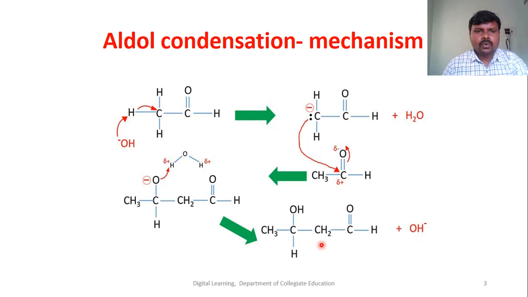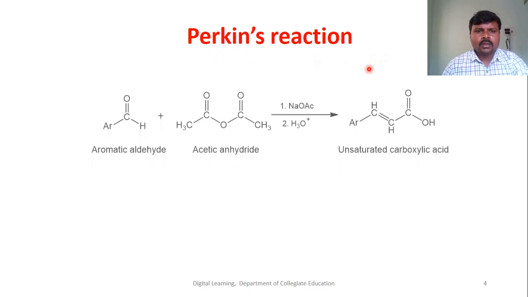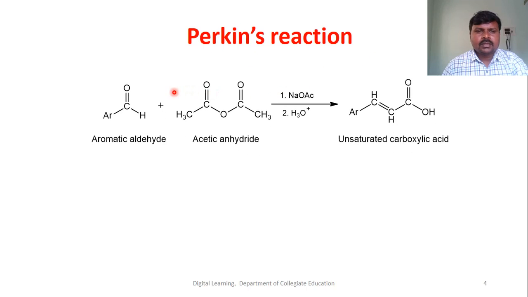Next we will move on to another reaction of carbonyl compounds, that is Perkin's reaction. In Perkin's reaction, an aromatic aldehyde reacts with acetic anhydride in the presence of sodium acetate followed by acid hydrolysis to give an unsaturated carboxylic acid.